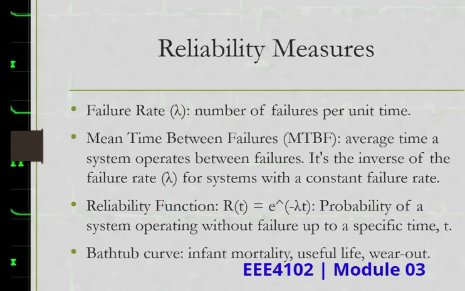Then for the useful life, this refers to a low and constant failure rate, which often occurs after a certain period of operation. Then the wear-out, as you all know, is an increasing failure rate as the component ages and degrades.